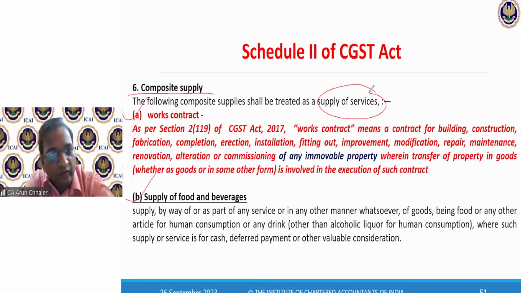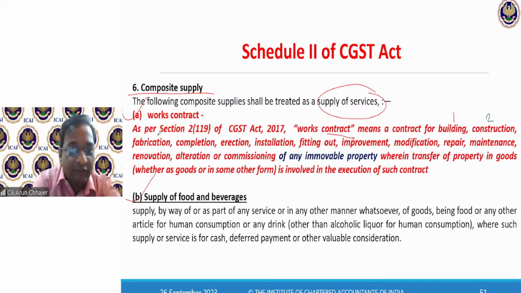As per Section 2, clause 119 of the CGST Act, works contract means a contract for building, construction, fabrication, completion, erection, installation, fitting out, improvement, modification, repair, maintenance, renovation, alteration, or commissioning. 14 different types of words have been used in the definition of works contract, but it is saying this with respect to immovable property.